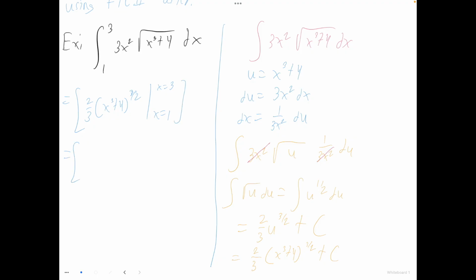And so we just plug things in. So we're going to have 2/3 times 3 cubed plus 4 to the 3/2 minus 2/3 1 cubed plus 4 to the 3/2.